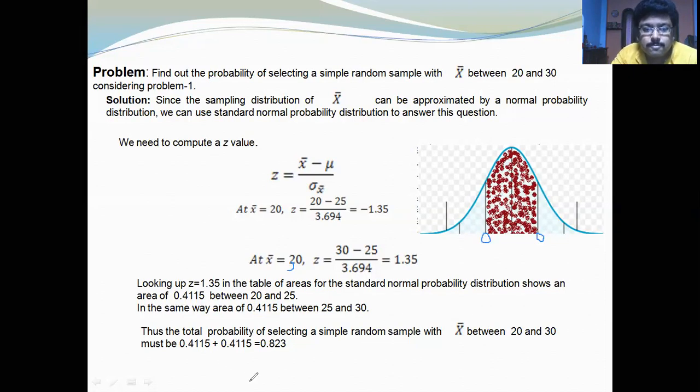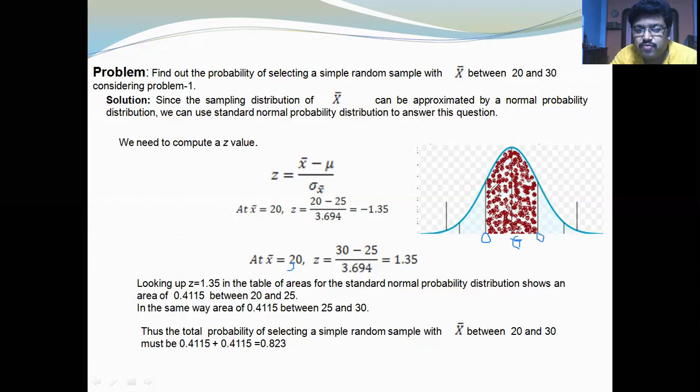Looking up the z value of 1.35 in the table of areas for the standard normal probability distribution shows an area of 0.4115 between 20 and 25.